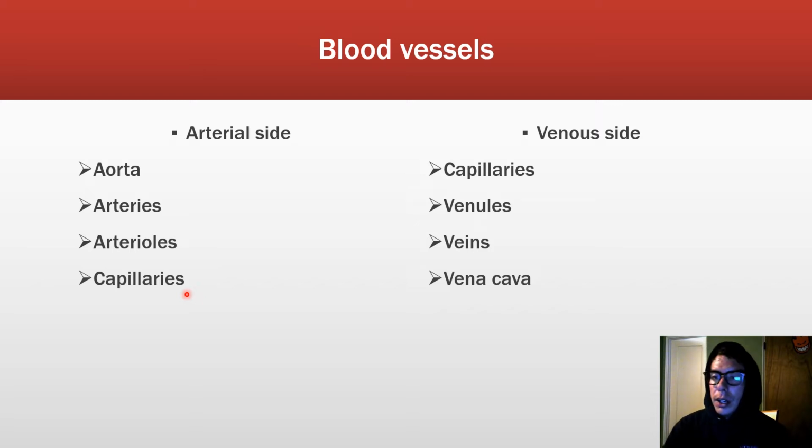And when I say microscopic, I mean it's so small that all your blood cells can only go through there in a single file line because they're so narrow. So that's capillaries. And I put it also up here on the venous side, and on the venous side it goes from smallest to largest. The reason I have it on both is because capillaries aren't really an artery or a vein.